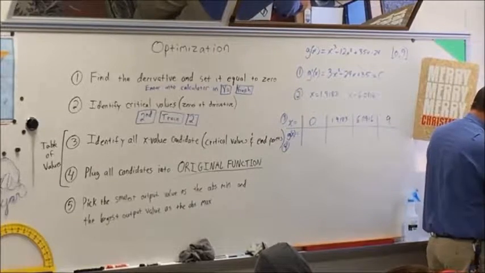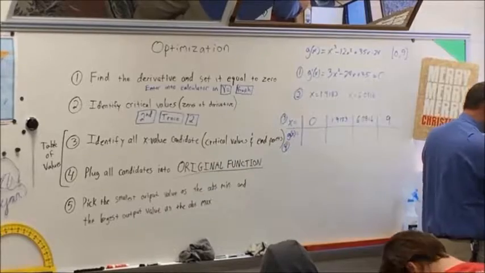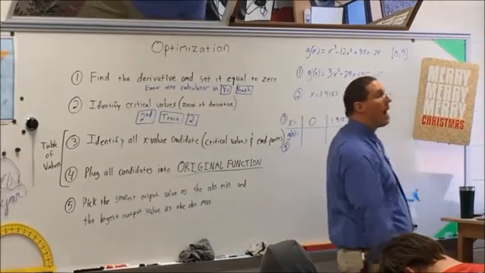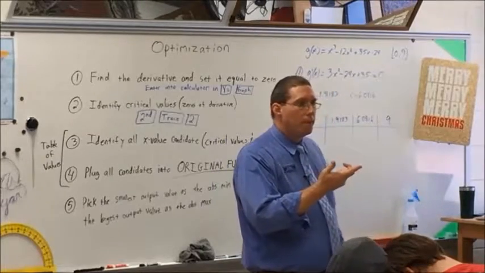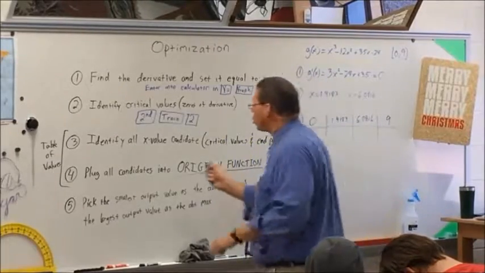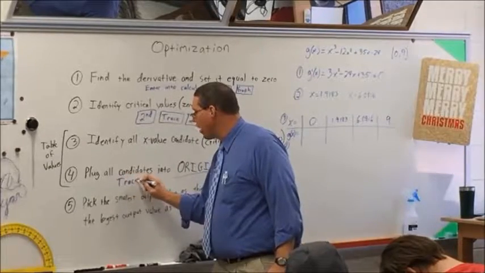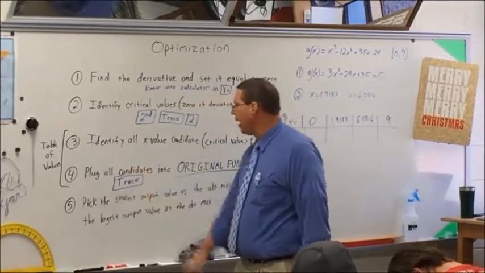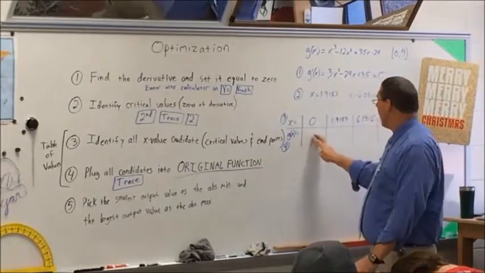I'm going to turn off the derivative, and I'm going to turn on the original function, g of x, and then press graph again. Now, it doesn't matter whether I can see the endpoints. I can use the trace feature in the TI-84 to find the output values.